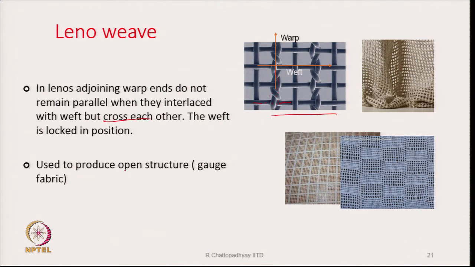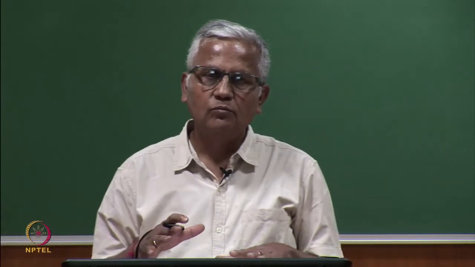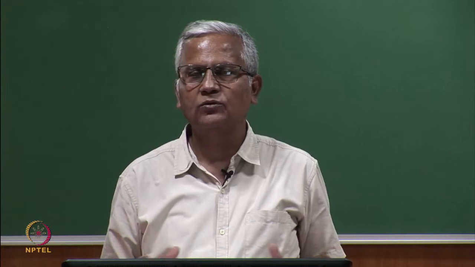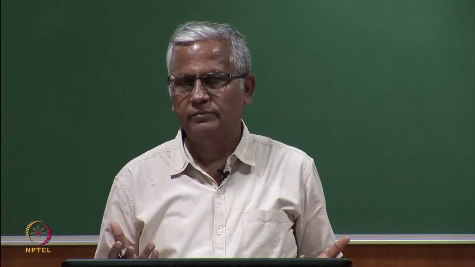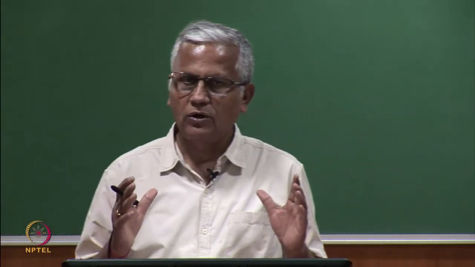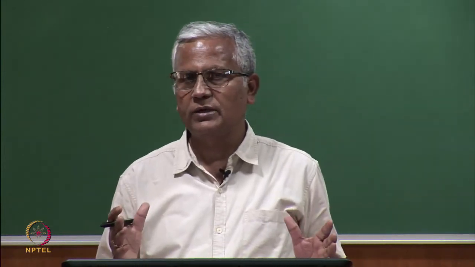These are used to produce open structure. When you need to produce a very open structure as shown here, if we make the structure from normal plain weave fabrics, then we find the warp and weft yarns are actually moving relative to each other, and the structure as a whole is not stable. But many times we need an open structure, and the structure has to be stable as well.